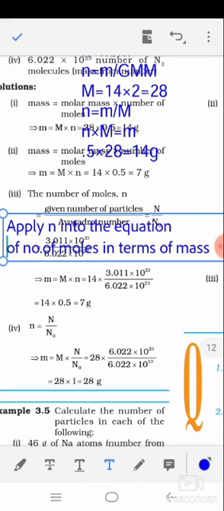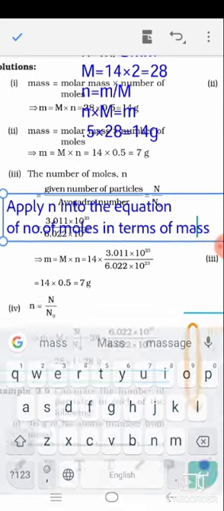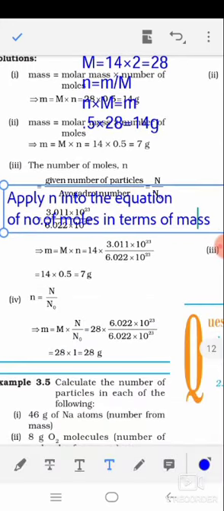That means first you need to find the number of moles, n. Then you need to apply the value of n in the equation in terms of mass, that is given mass by gram molecular mass. That is the equation. And from that, after rearranging, you can find the mass.